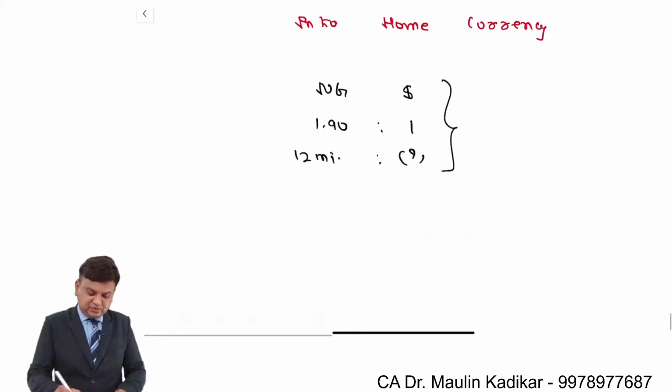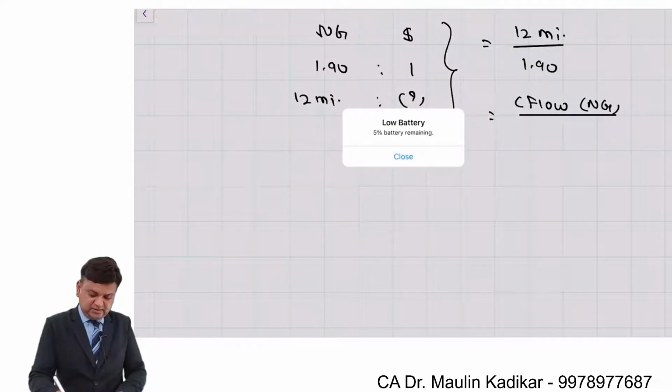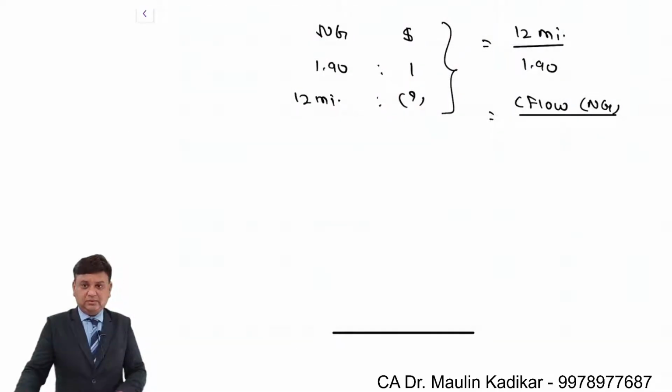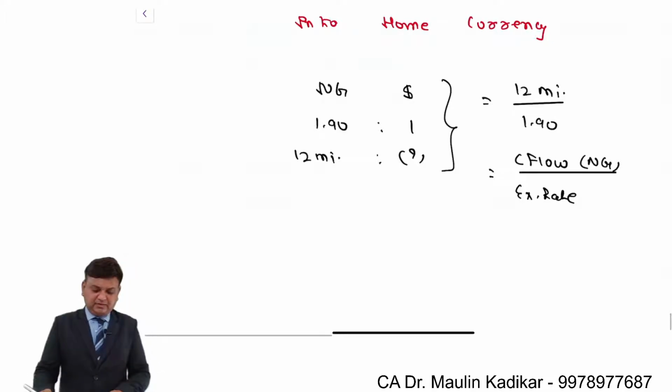So in that case it comes to 12 million into 1, divided by 1.90. So we understand that the cash flows in Netherlands guilder currency term divided by exchange rate is the answer. This is the step number 2.